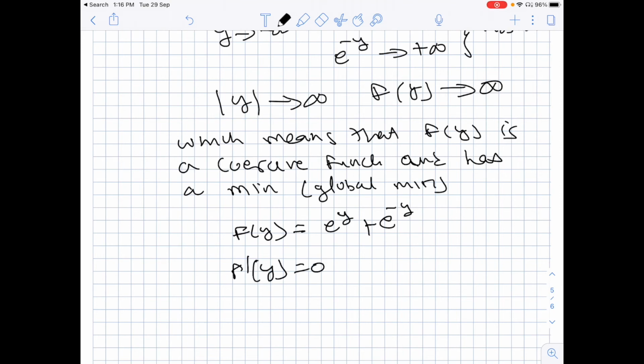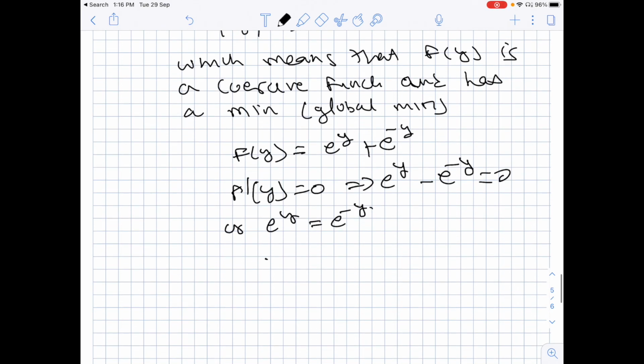That would be our natural next step. And what will that say? e to the power y minus e to the power minus y is 0, or e to the power y is equal to e to the power minus y, which implies y is identically equal to 0.